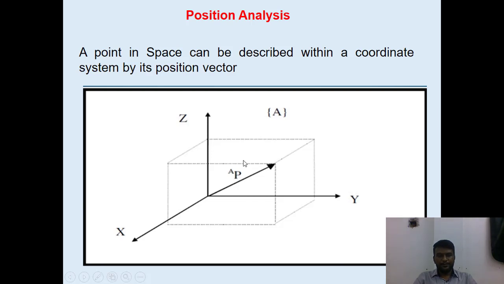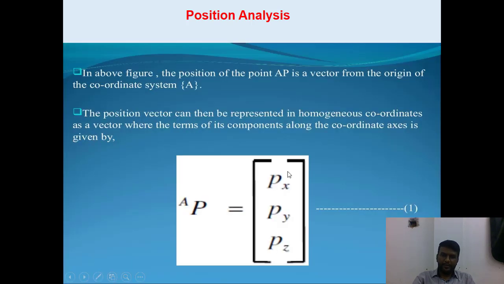To define the position of point P in frame A, we need only three coordinates, x, y, and z, as simple as that. So this position is defined with the help of a vector. P is a vector in frame A, and Px, Py, Pz are the coordinates or components along the x, y, and z axes. So that is how we define the position of a point in space.